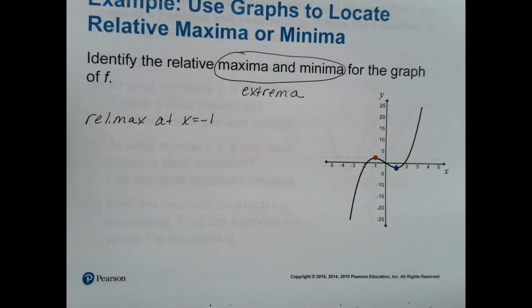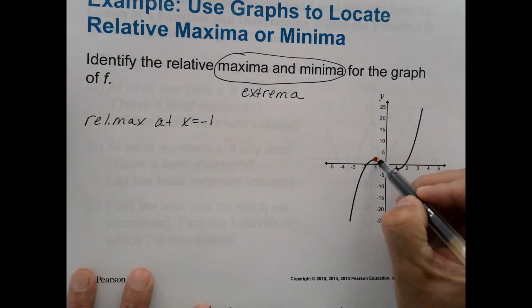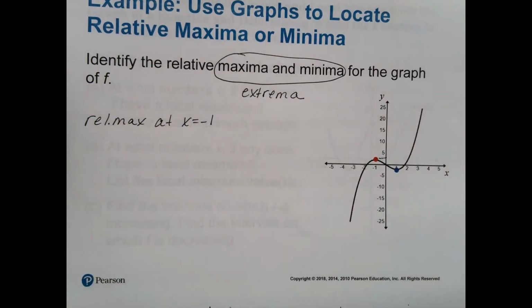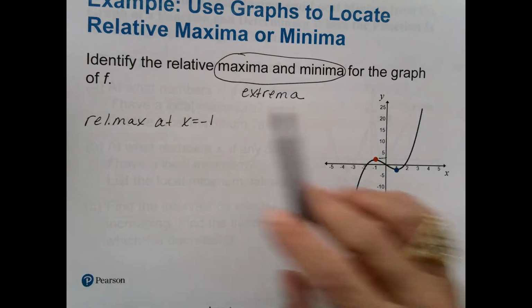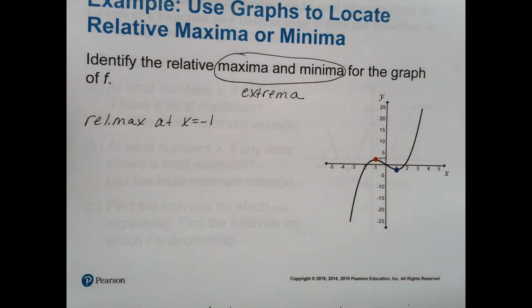Now for this one, the y-axis isn't scaled super well, and so telling what the value is would be just whatever this y value is that associates with that red dot. But since it's really just saying basically where they occur, that's not really a great possibility for this particular example.